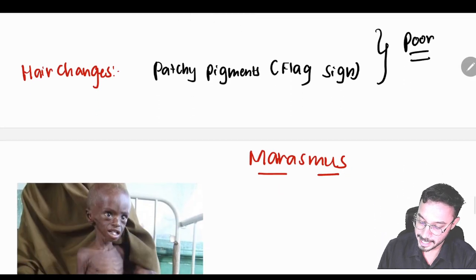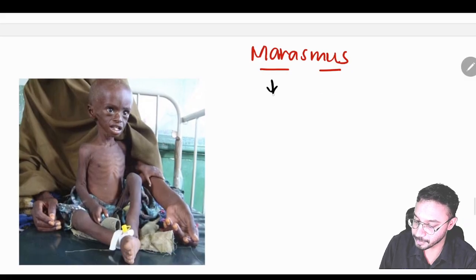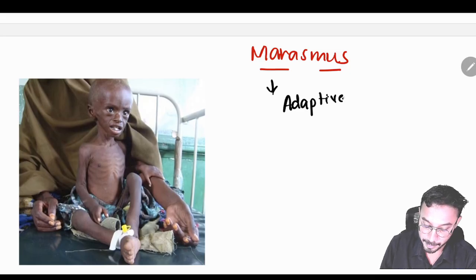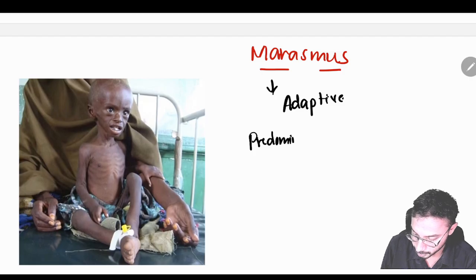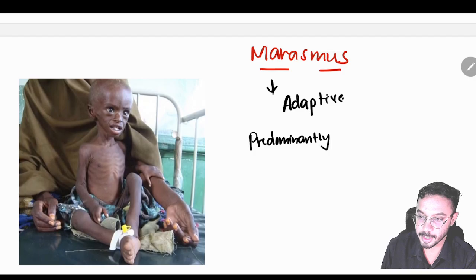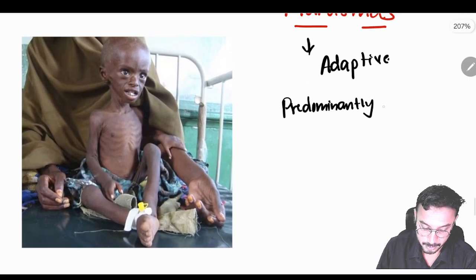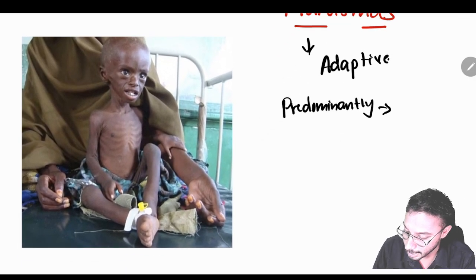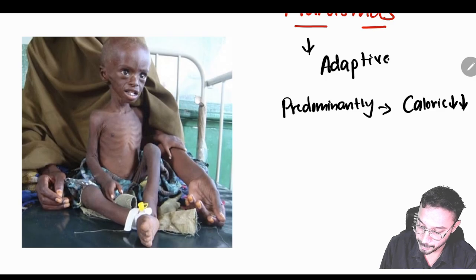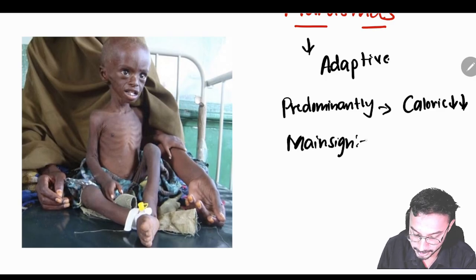Now marasmus, they are adaptive, and look at the baby over here, predominantly it is muscle wasting. So calories are less here. The main sign here: there it was edema, here it is severe wasting, muscle wasting.